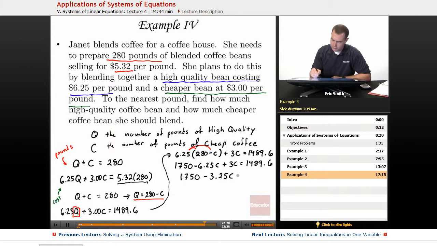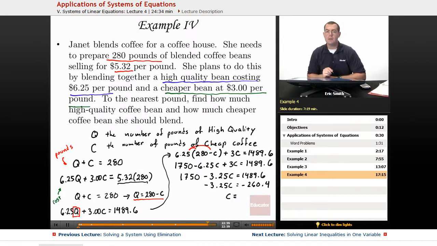Minus 3.25C equals 1489.6. Okay, so we almost have C all by itself. Let's get there by subtracting the 1750 from both sides. So negative 260.4. Right, almost there. One last step. Let's go ahead and divide both sides by the negative 3.25.